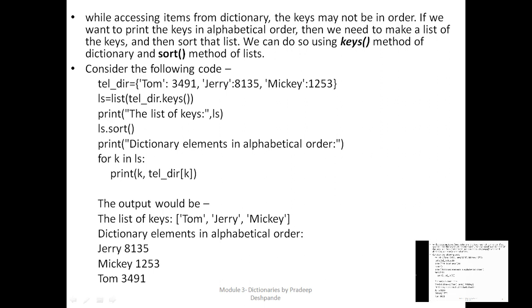So it will take a key and its value. Telephone directory of k means that particular value. If the k is Jerry, then its value is 8135. When you run this program, you will get this output, where the keys are sorted in alphabetical order.